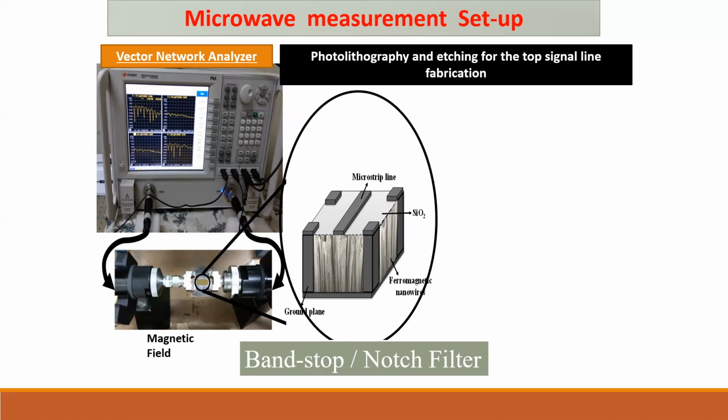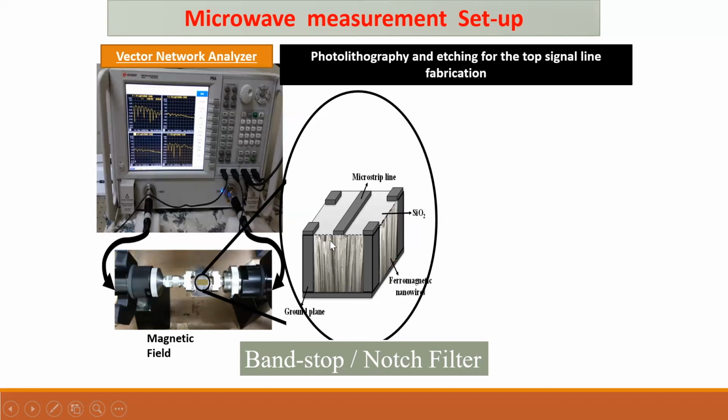So this shows the microwave measurement setup. You can see here that for doing the microwave measurements, we basically use a vector network analyzer, which has two ports, port 1 and port 2. One port transmits the RF signal, and the other port receives the RF signal. Then we have a microstrip, of which a zoomed view is shown.